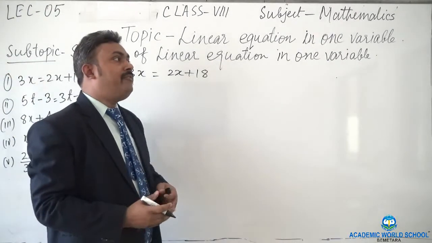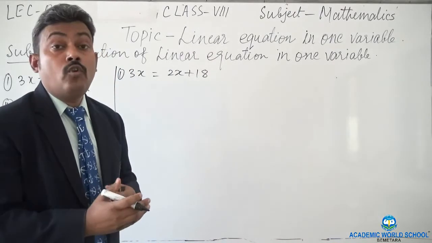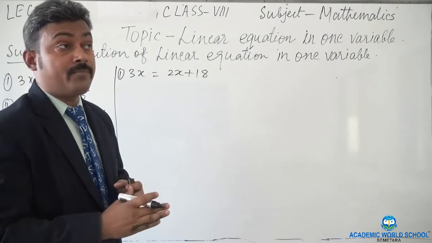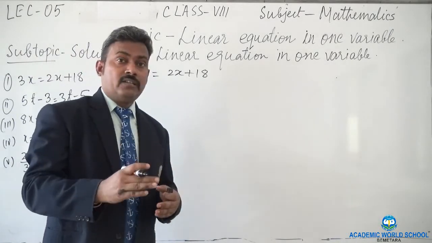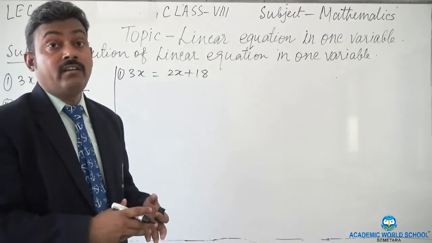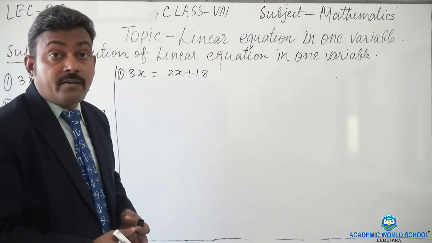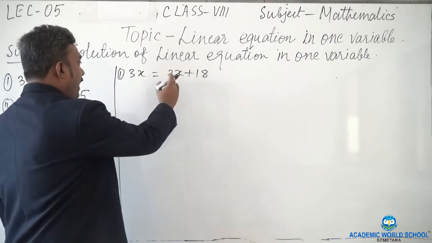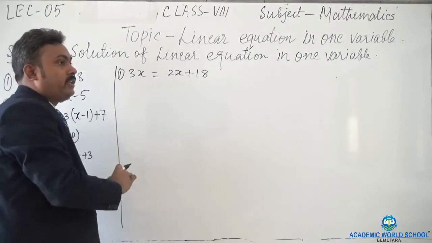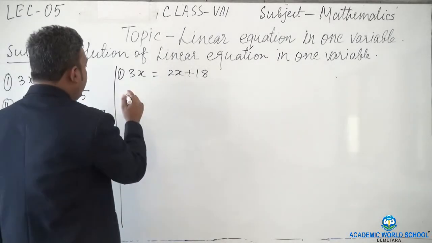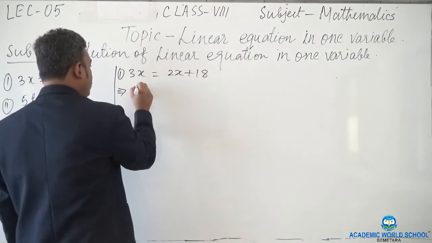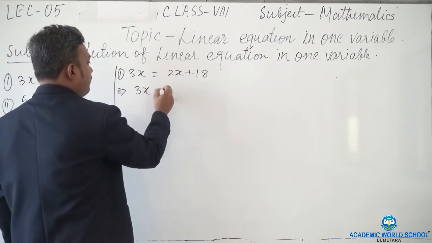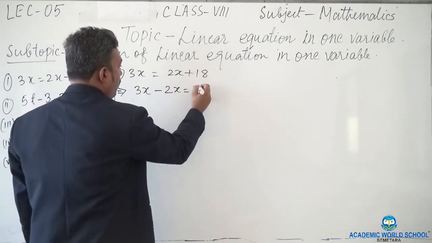And we know that we can add or subtract only the like terms, which we have studied in the addition and subtraction of algebraic expressions, right? So when we move a variable or constant from one side to another side, what happens? The sign of that variable or constant changes. So this side it is plus, it comes to the left side and becomes minus.